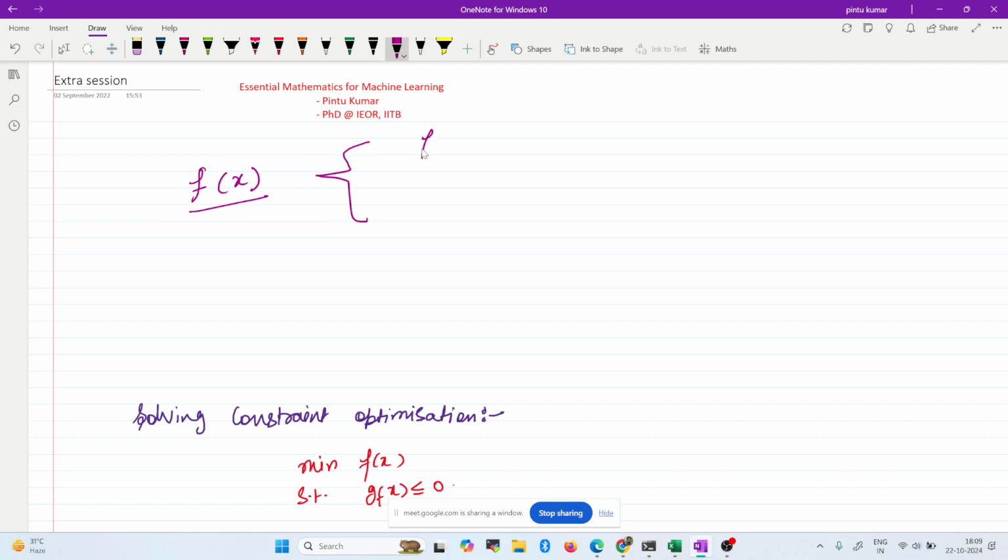You used the condition f dash x is equal to 0 and calculated all points satisfying f dash x is equal to 0. What does this mean? If x is a minima or a maxima, then it must satisfy this condition. This is what it meant back then.